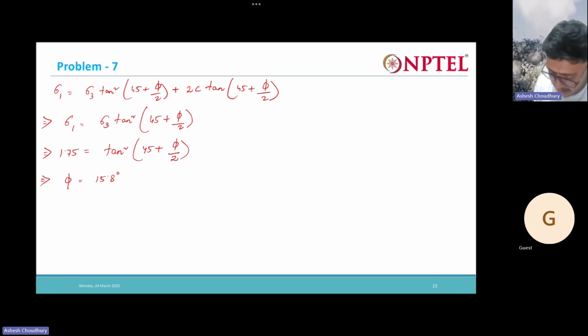Similarly, I can get the effective stress parameter too. So similarly, I can write it.